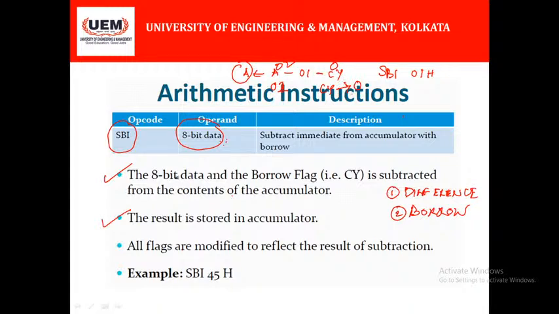So all the flags are modified to reflect the result of subtraction, as my difference is stored in the accumulator, and as the accumulator directly affects the flag register. In case of SBI, SB stands for subtraction, I for immediate. That means subtract immediate from the accumulator with borrow.